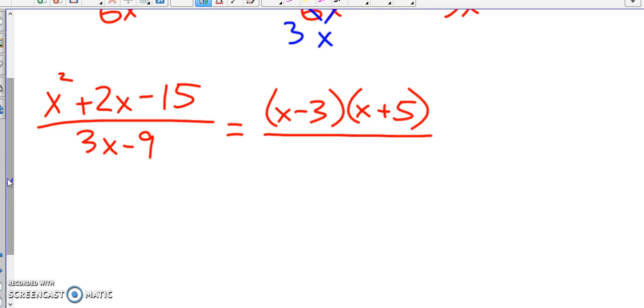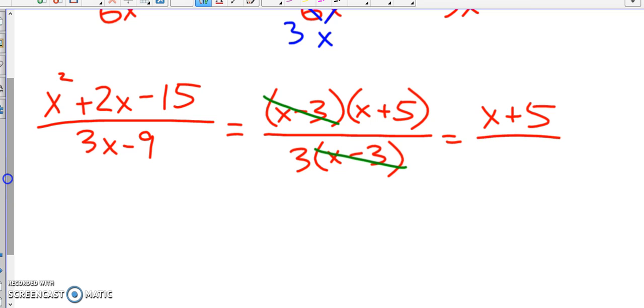And then notice that on the denominator, I've got a common factor of 3. And now observe that I've got x minus 3 and x minus 3. So those will cancel. And I'll have x plus 5 over 3. I think I'll save the rest of these for the second video.